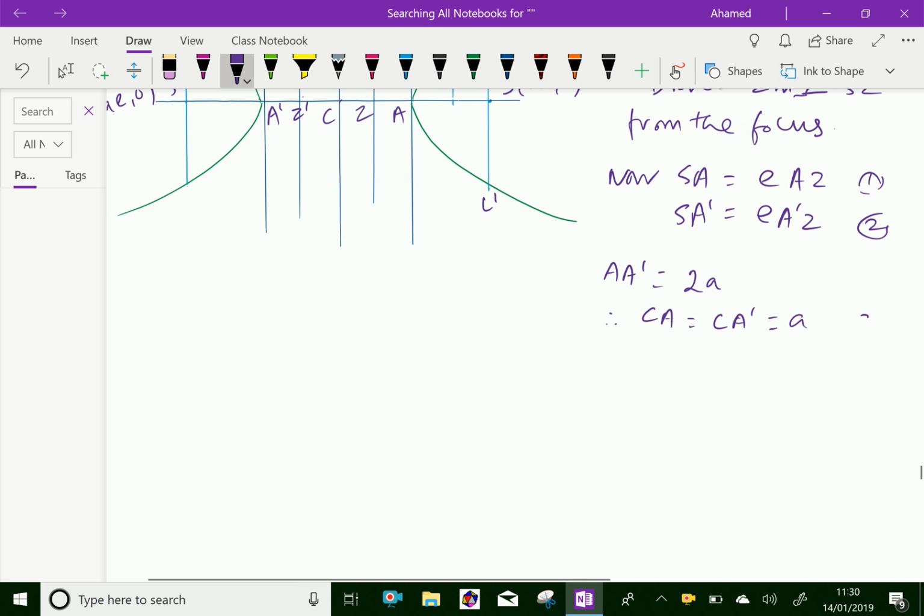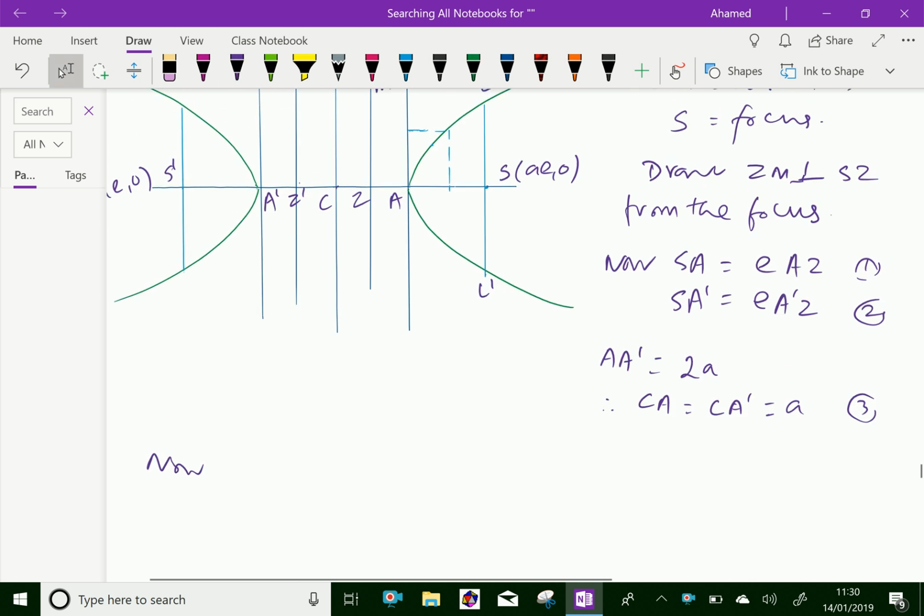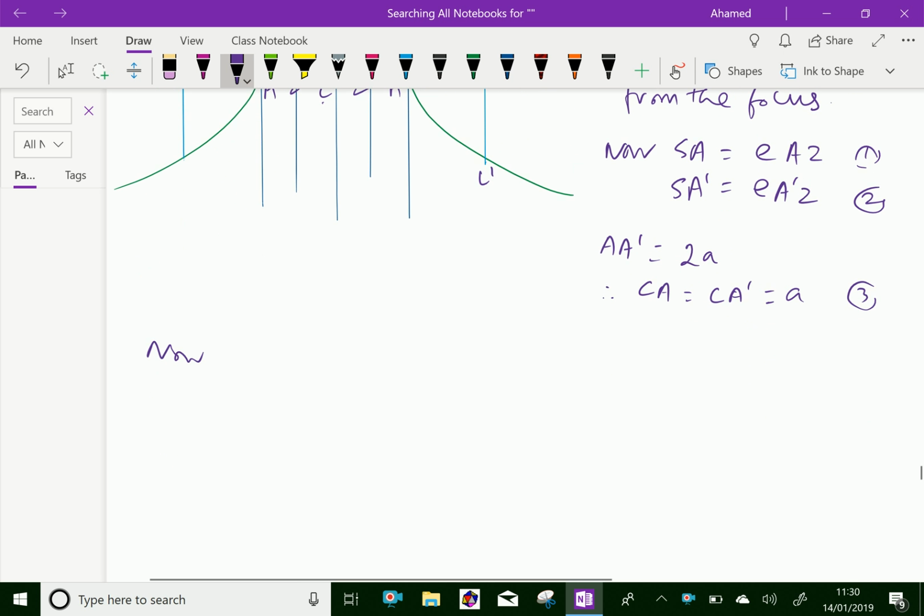Let it be 3. Now CS minus CA, which is equal to e into CA minus CZ.